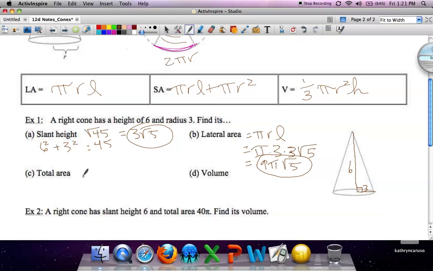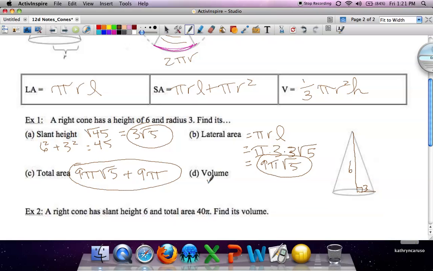The total area is the lateral area, which is 9 pi root 5, plus the area of the base. Well, if it's a circle with radius of 3, the area is 9 pi. Now, you cannot combine 9 pi root 5 plus 9 pi. This one would have to have a square root 5 next to it, so this is totally done.